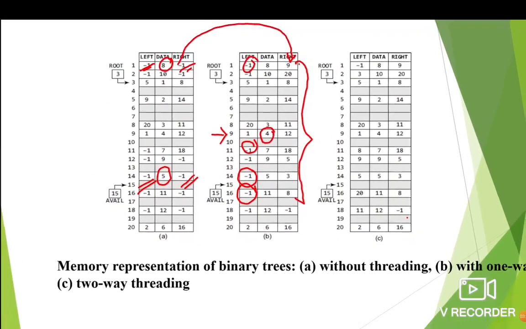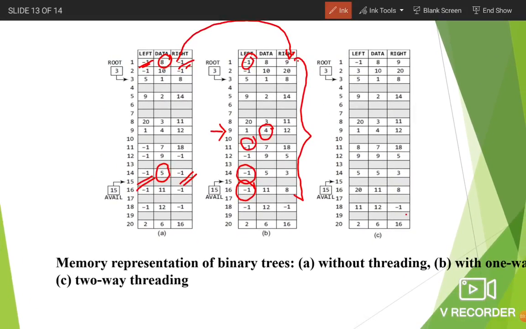Whereas the last figure shows two-way threading. See the left field, we don't have any null pointers. In the right field also, we don't have any null pointers except 12 and 8. 8 is not having any in-order predecessor and 12 is not having any in-order successor.